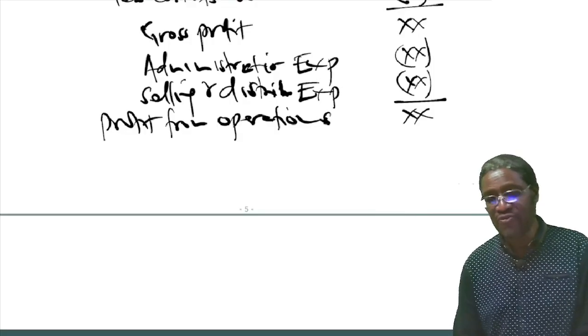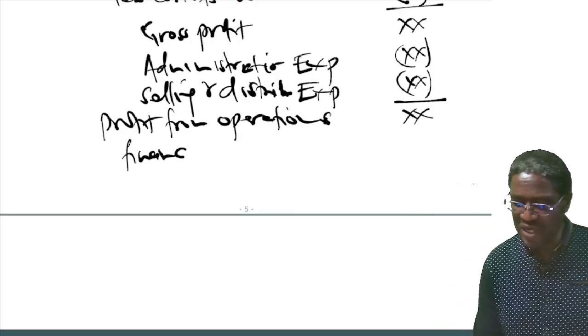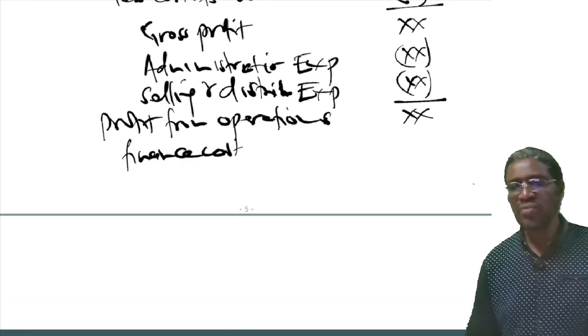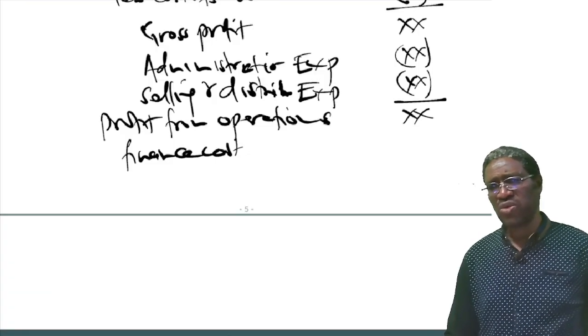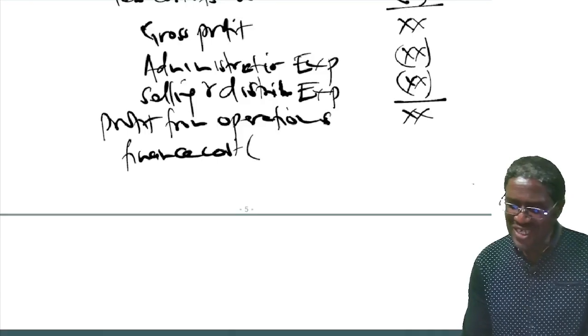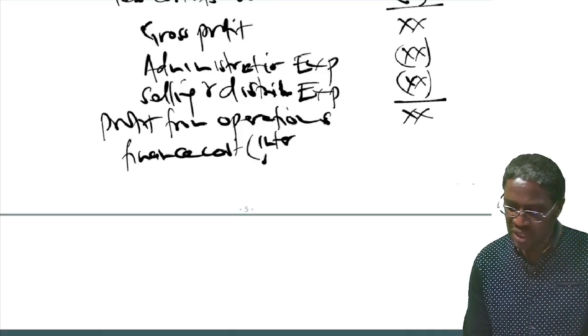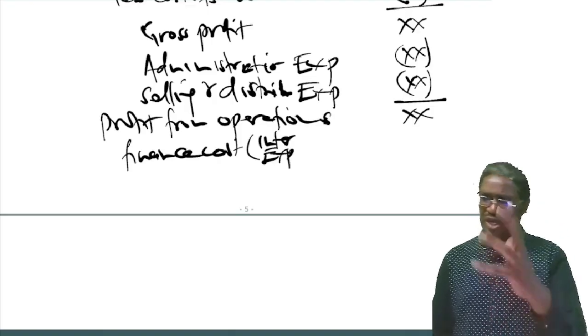Once you get the profit from operations, the next thing you come to is what we call finance cost. One example of finance cost, of course, everybody should be knowing by now, is the interest expense. When you have a loan, you pay interest.